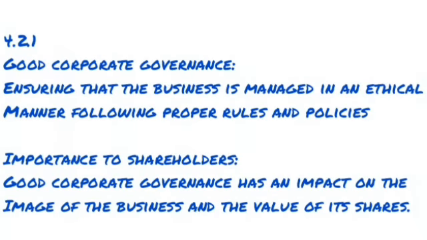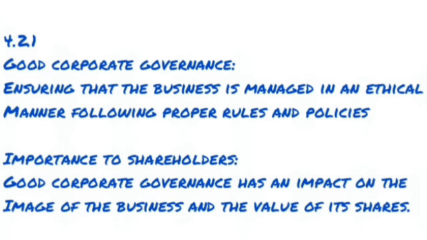So, first, good corporate governance means to ensure that the business is managed in an ethical manner following the proper rules and policies, meaning nobody is taking advantage, there's no bias, and everything is in order, meaning less fraud, right? And then why is it important to shareholders? It is important because good corporate governance has an impact on the image of the business and the value of its shares.